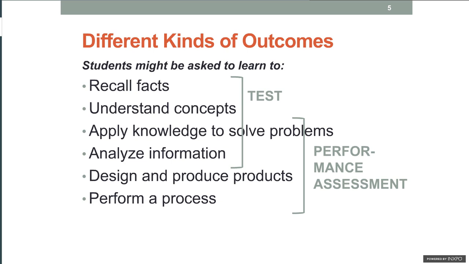If you want to ask students to analyze information or obtain and analyze information, they can do some of that with test questions, especially constructed response test questions. But if you make the tasks a little more meaty and require explanations, then you sort of move into performance assessment.